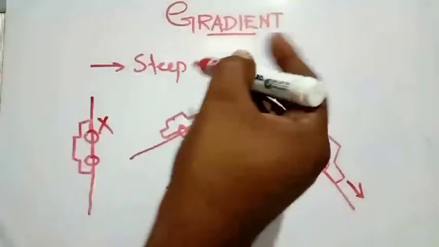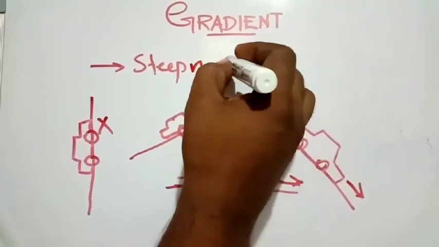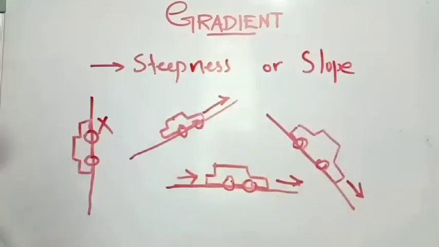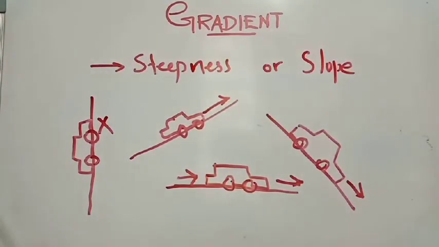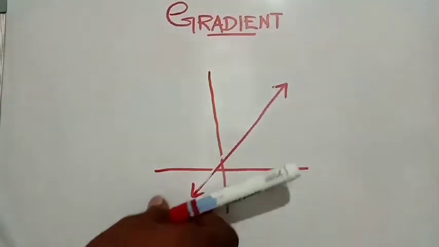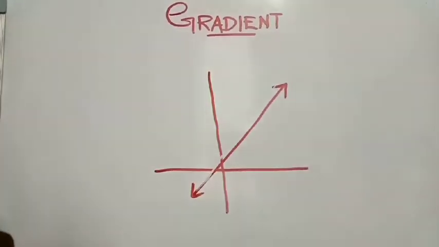Gradient is also known as steepness or slope. The other names of gradient are steepness or slope. The steepness or gradient of this line depends upon the movement of the y coordinate, how it moves based on the x coordinate.